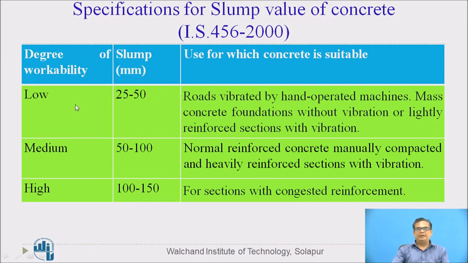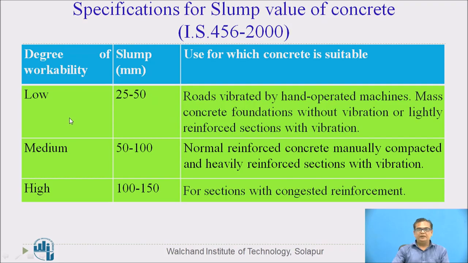Low workability of concrete is when slump value, which is measured in mm, is 25 to 50 mm. And where is this concrete used? For works of roads, where hand operated machines are used for vibrating the concrete, and also mass concrete foundations.